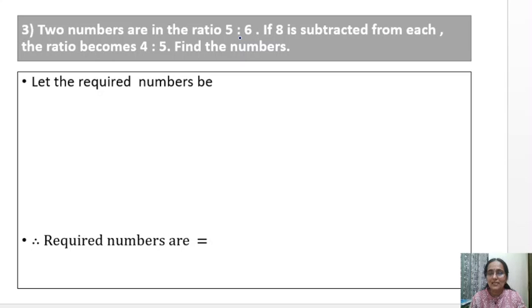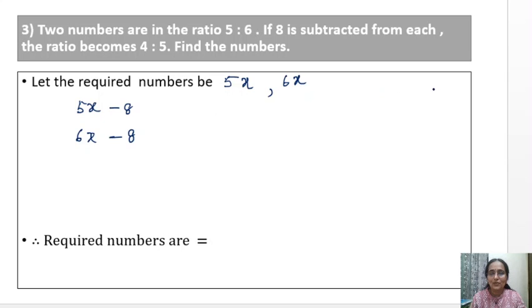So how to analyze the sum? We don't know the numbers, so we will assign, let the required numbers be 5x and 6x. If 8 is subtracted from each, that means one number is 5x minus 8, another number is 6x minus 8.